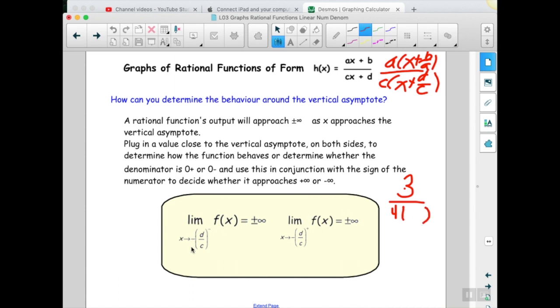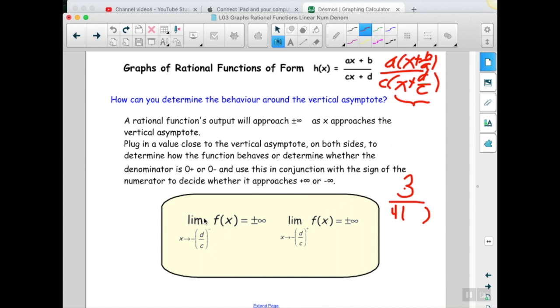And then what will happen as we plug into here? x is still going to be close to d over c, but if it is larger than d over c, then this will approach 0 positively. If this happens to be smaller in magnitude than d over c, actually I wrote that backwards, let me erase that for a second.